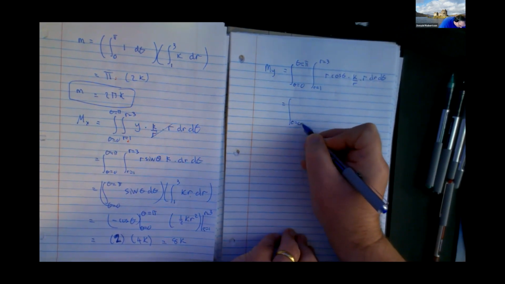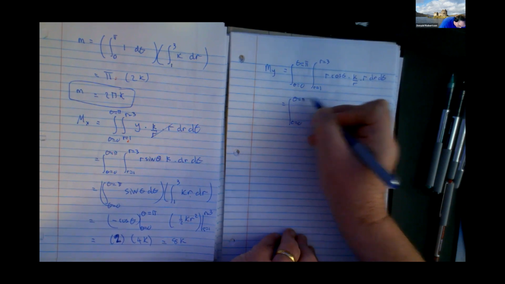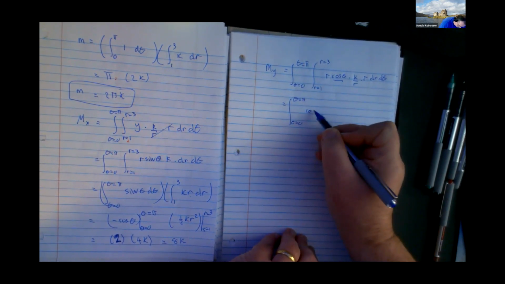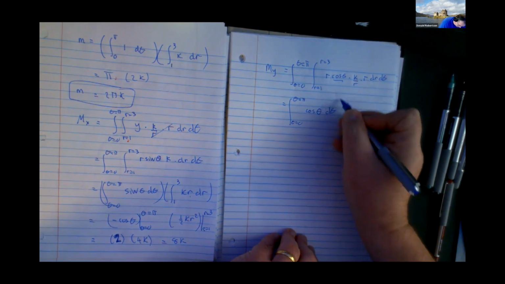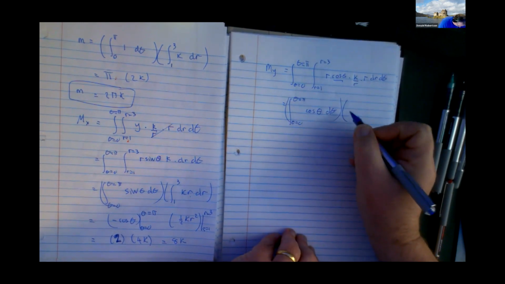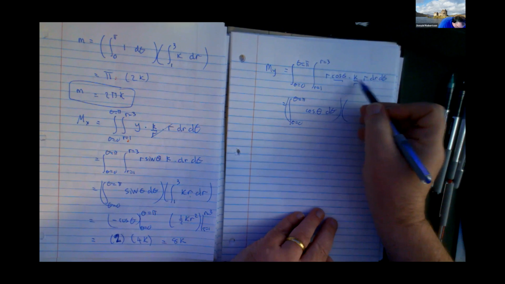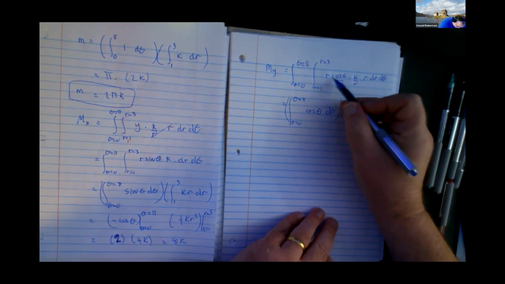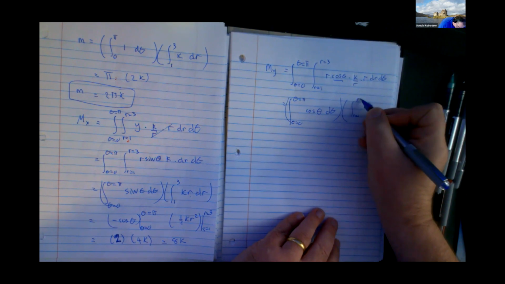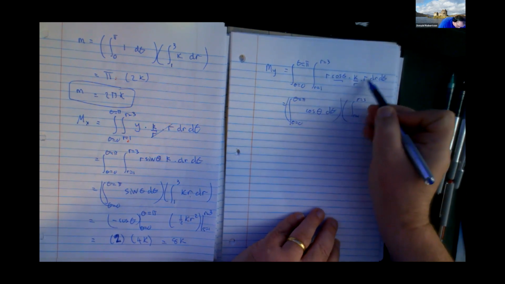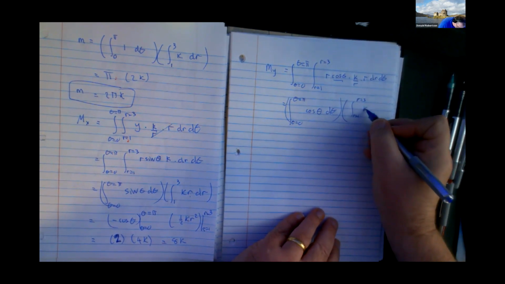And that's going to split. How's that going to split? I'm going to take this guy here, integrate with theta, and I'm going to take this guy here, which cancels down to be kr. Check that again. R times k, yeah, kr.